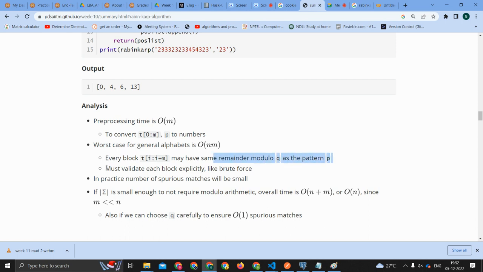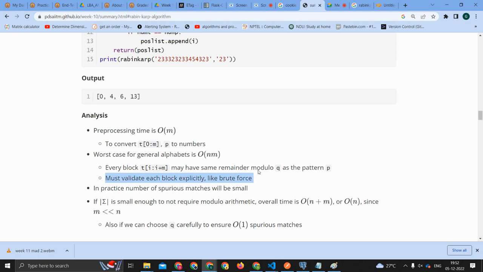It's not integers, no. Maybe some other procedure is there. To convert alphabets is not the same, right? Yeah, something else should be there.